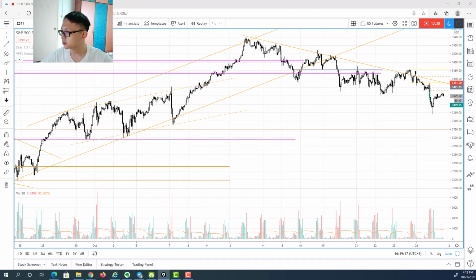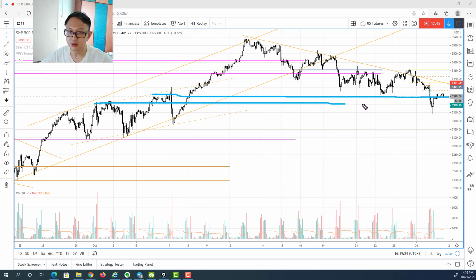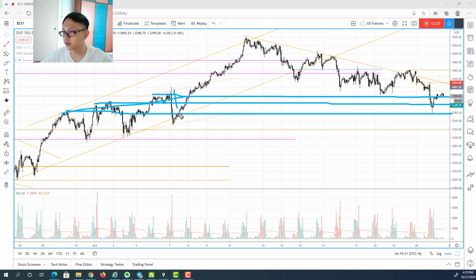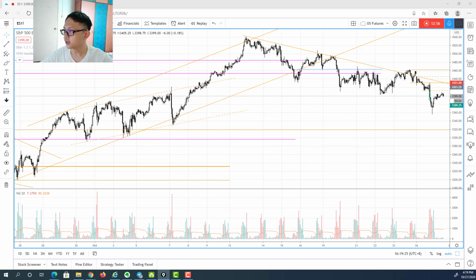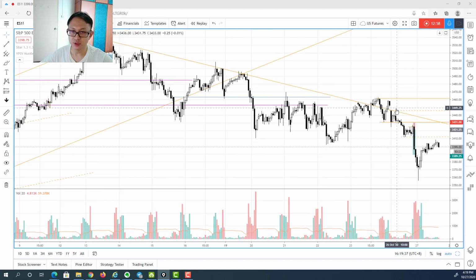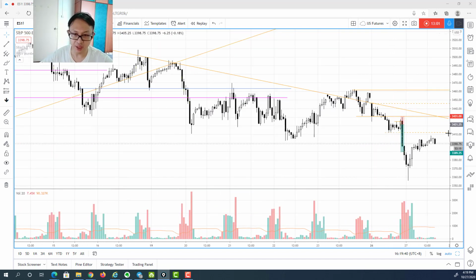So if we just take a look at this level, so that's the 3400, that's 3380, and that is pretty much 3360. So this trading range is still providing some kind of the support, but right now if we just couldn't overcome 3410, I think there's a greater chance definitely we're going to see the test of the 3360, the low, the swing low here.